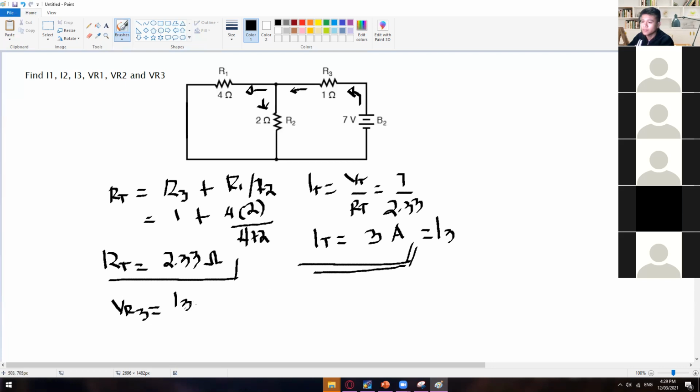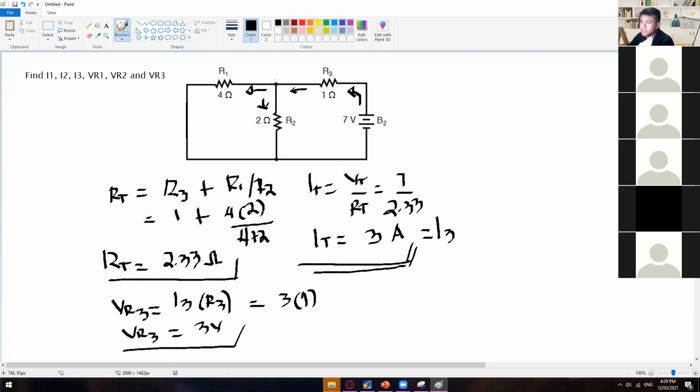So VR3 is I3 times R3. So in here we have 3 amps times R3, which is 1 ohm. So VR3 is equal to 3 volts. So that's the voltage drop across this resistor.